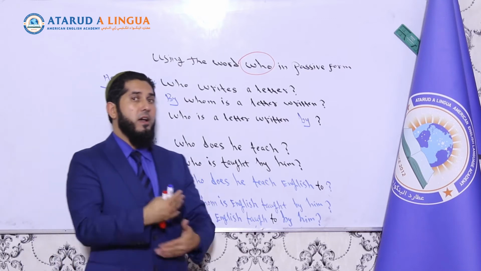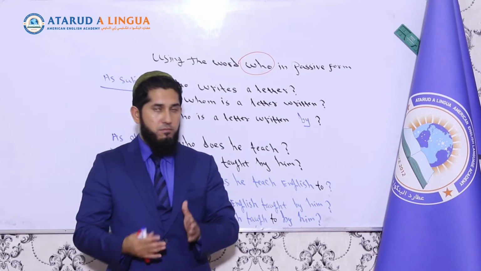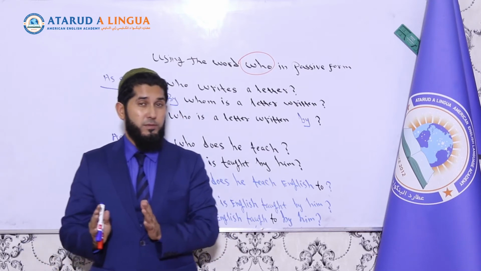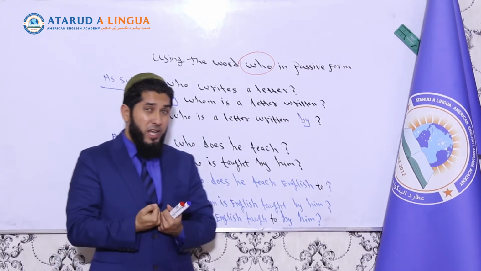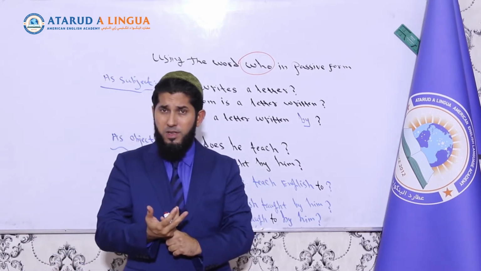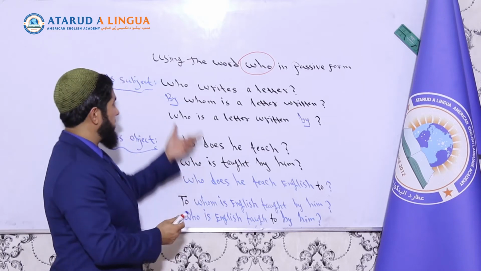There isn't any other subject, okay? In other tenses, there may be an auxiliary verb and then main verb, but there won't be any subject, okay? But when it functions as an object, it is followed by a helping verb and then a subject and then main verb. Look at the first example.